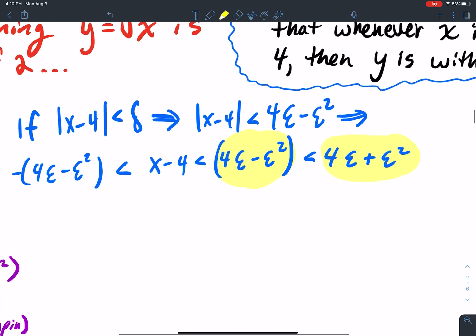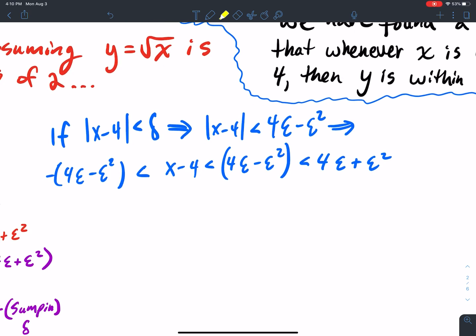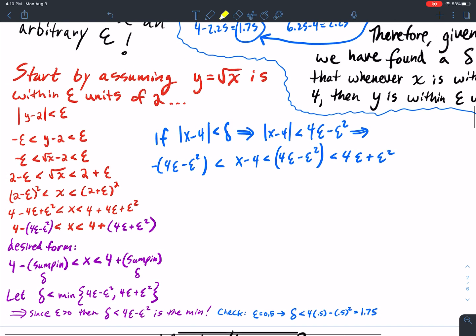If you think about it, 4 minus epsilon squared, since epsilon is positive, then 4 plus epsilon squared is bigger. Since you're adding a positive squared number, that's where that inequality comes from. All right, so the reason we're doing this is because we literally want this to match up.